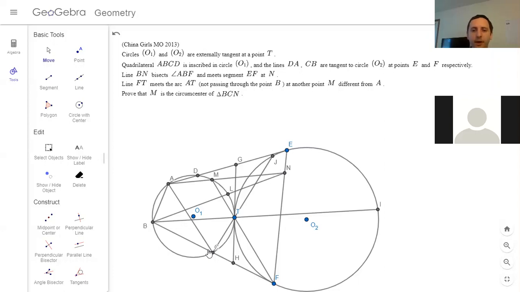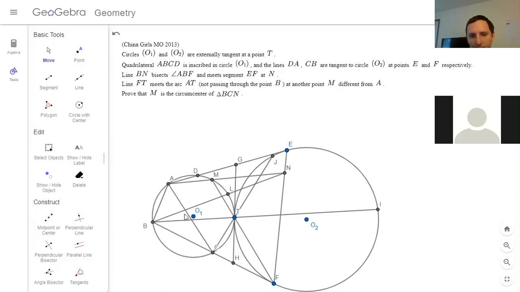Yeah, actually, I think it would just be an easy angle chase then. Once we know that A, M, and N are collinear, that would mean N is the excenter, and then I think that would solve the problem, because then we want to show M is the circumcenter of BCN.